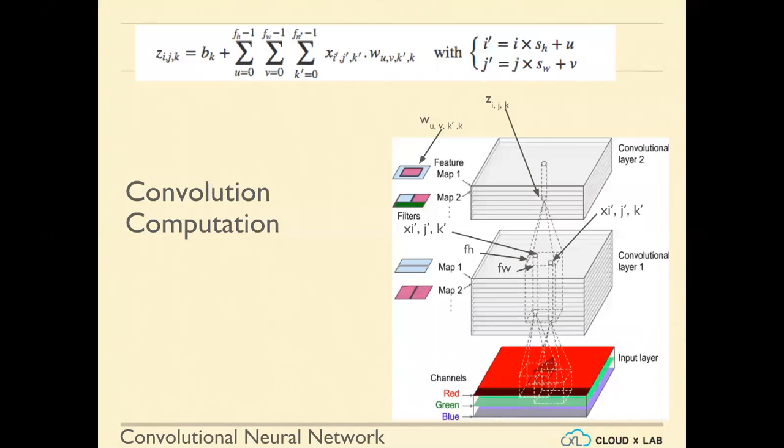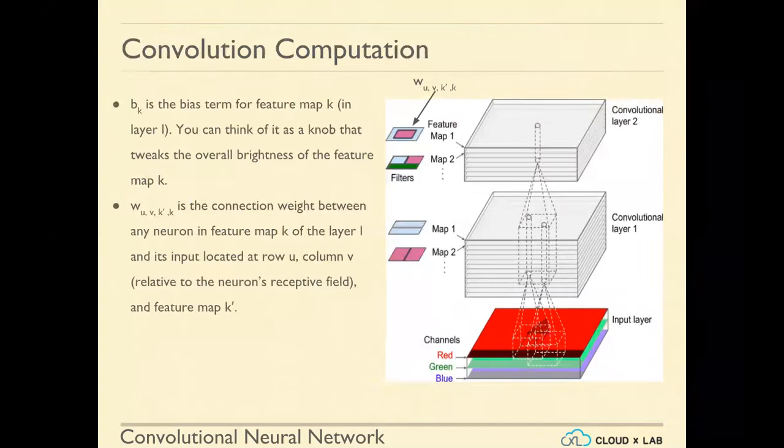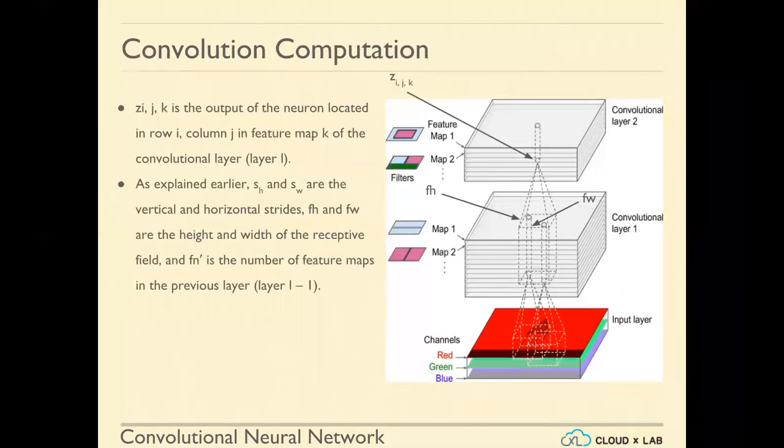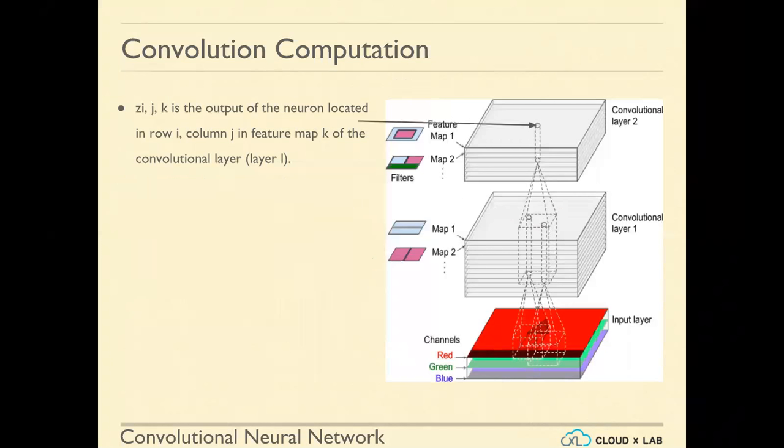A question from Binta is: does a convolutional layer consist of maps which are constructed by the filters? Yes, feature maps or filters, we are saying the same thing. Let me explain.